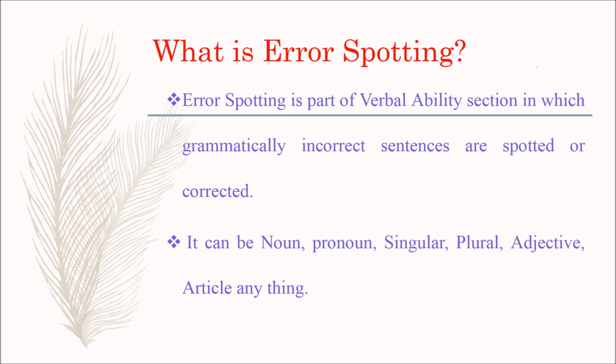Error spotting is part of verbal ability section in which grammatically incorrect, which means grammatically wrong, sentences are spotted or corrected. It can be noun, pronoun, singular, plural, adjective, article, anything.